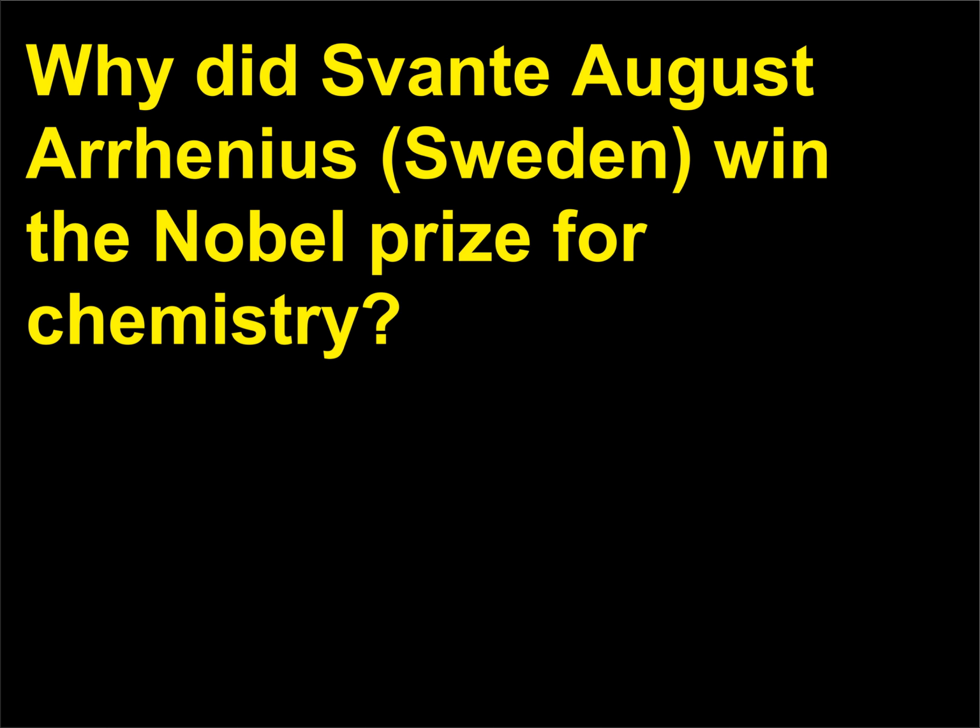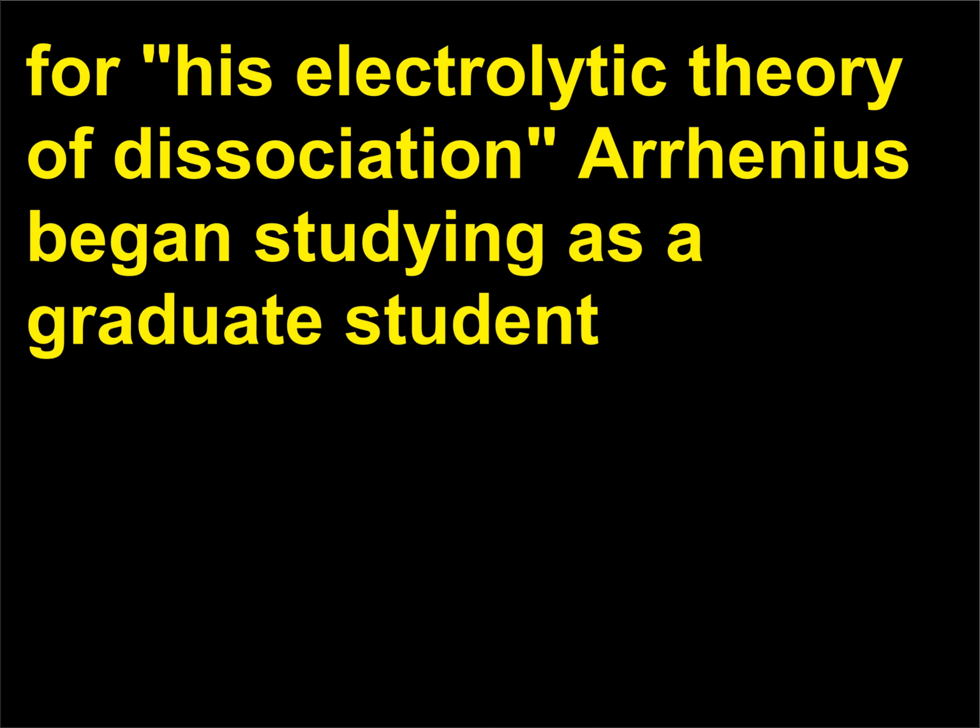Why did Svante August Arrhenius, Sweden, win the Nobel Prize for Chemistry? For his electrolytic theory of dissociation.